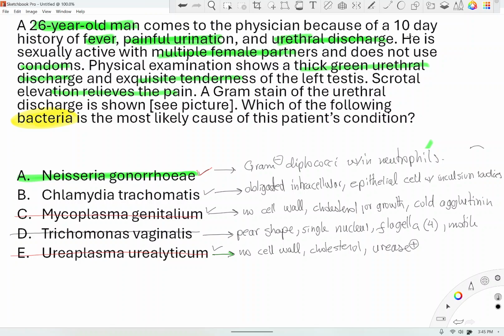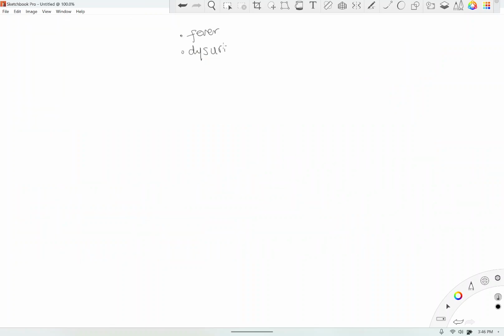The second thing I want to discuss in this case is that this person had, remember, fever, dysuria or painful urination, and discharge.